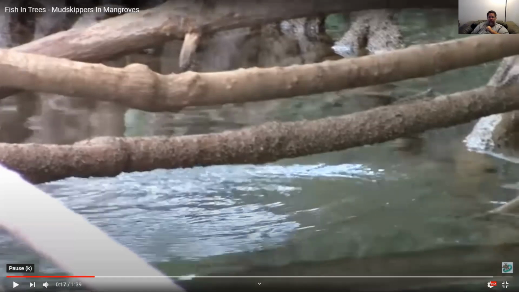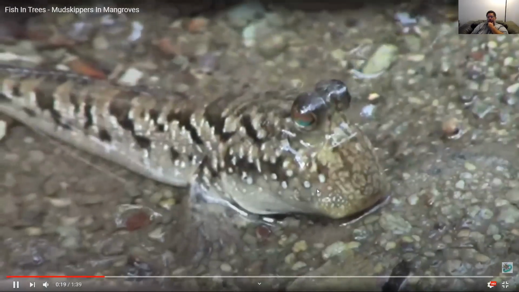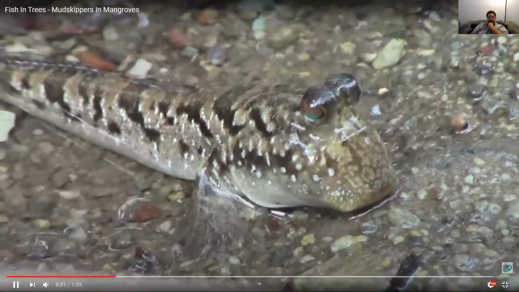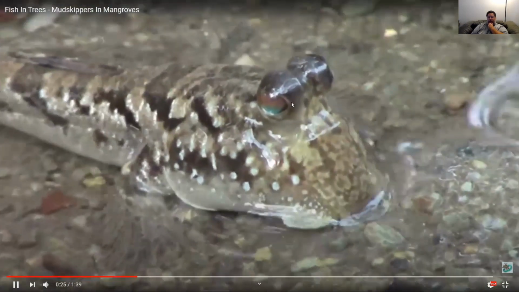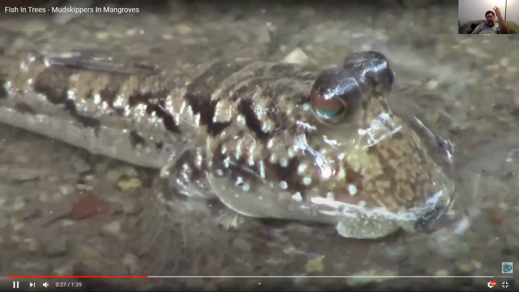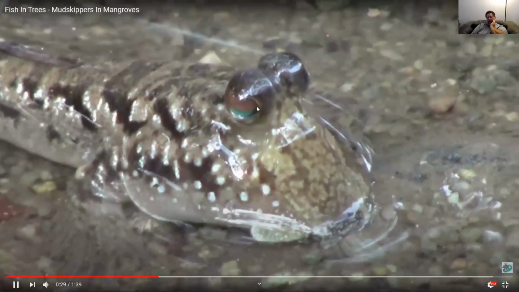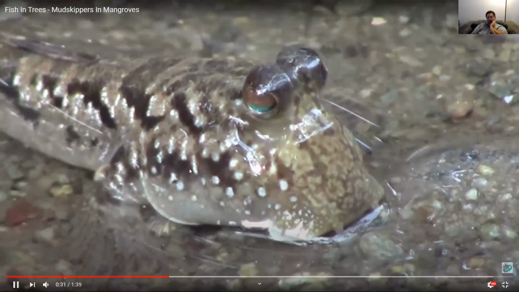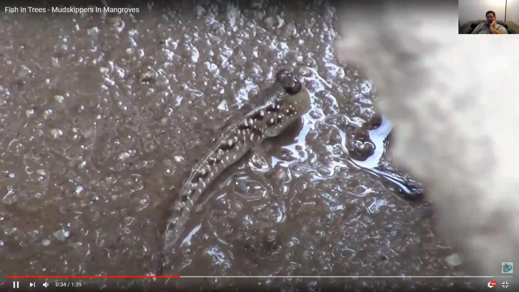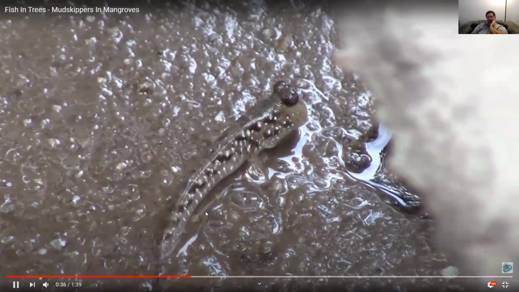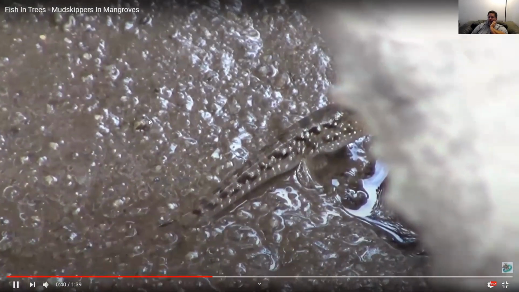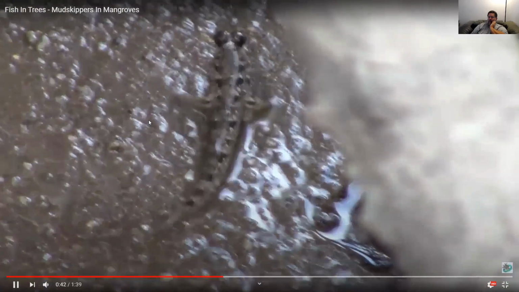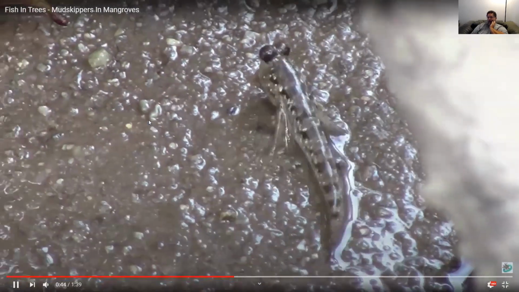So here, if you look at this mud skipper, you can see the fins, and it's actually sitting up on land. It has eyes that can actually dip down and re-moisten themselves when they start to dry out. It can hold water in this flap and then walk up on land and can actually have little battles with other mud skippers for territory.